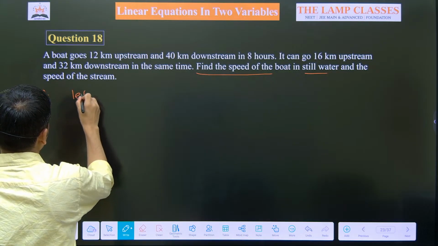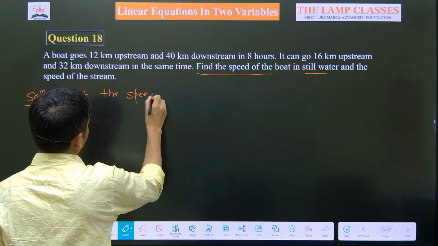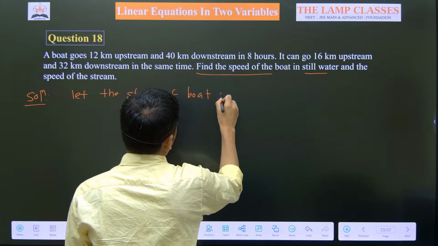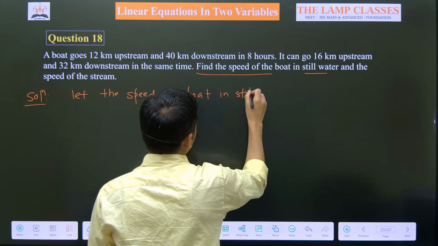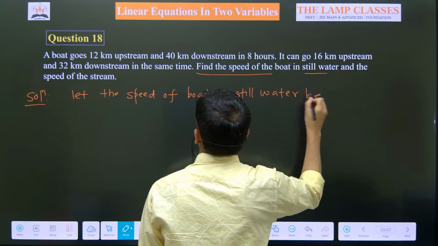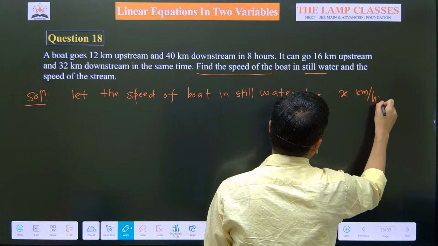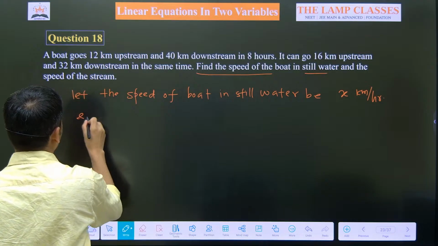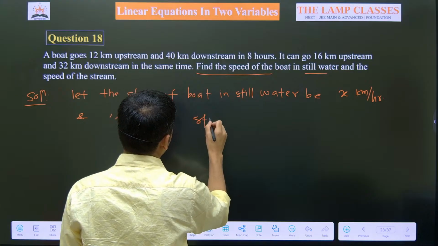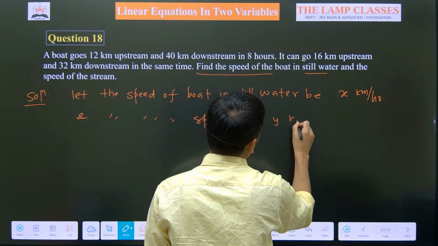Now, let's start by naming. Let the speed of the boat in still water be x km/h and the speed of the stream be y km/h, right?